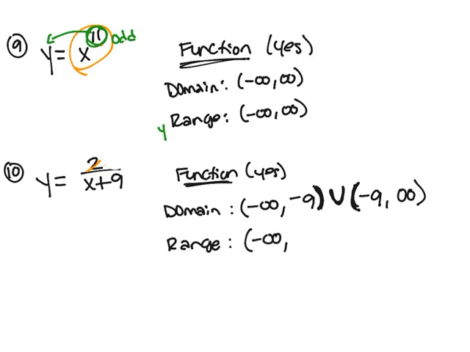So we're going to go any negative number to 0 with a parenthesis, union, parenthesis, 0 to positive infinity. And like I said, that's dealing with that top number. This 2 is not going to cancel and make a 0. Okay? So that one is a different notation because you do have the union.